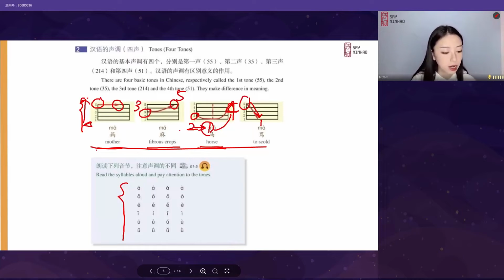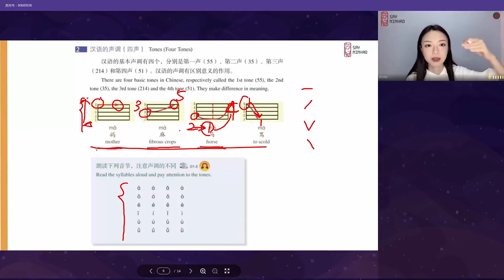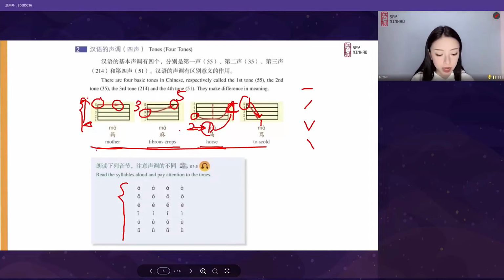As we can see here, this is the tone mark for first tone, and this is tone mark for second tone, and this is tone mark for third tone, and this is tone mark for fourth tone, just like the way it is pronounced, right? First is flat, and second is rising up, and the third is drop down and rise up again, and the fourth is drop down. So let's try to read it.